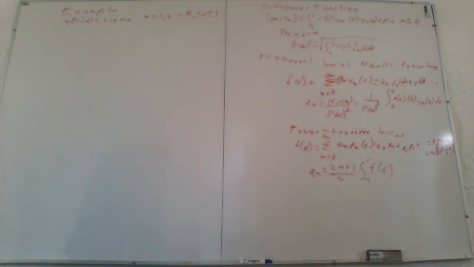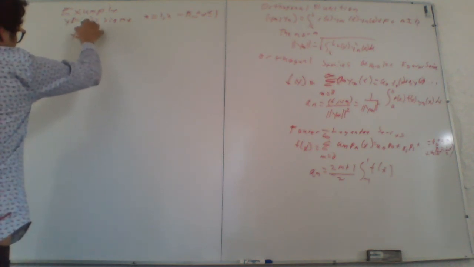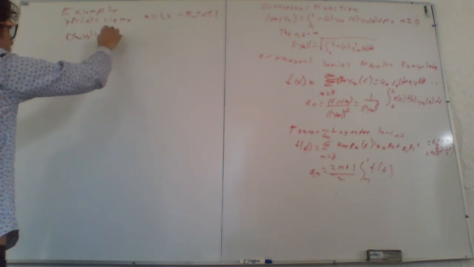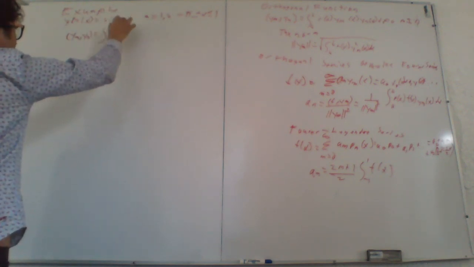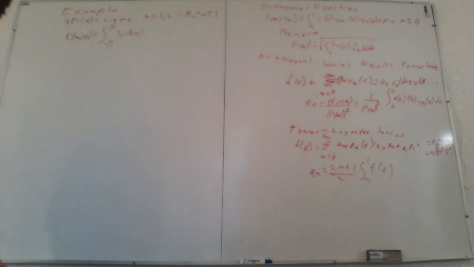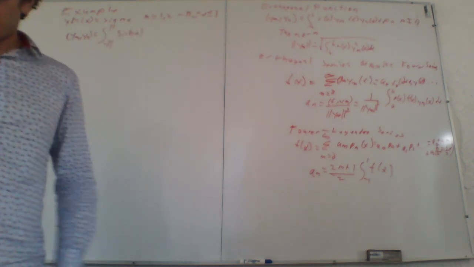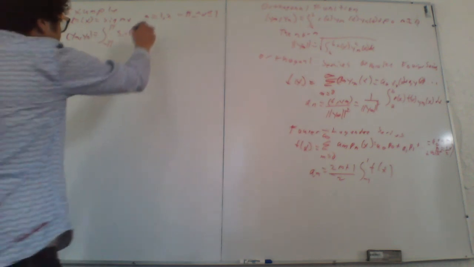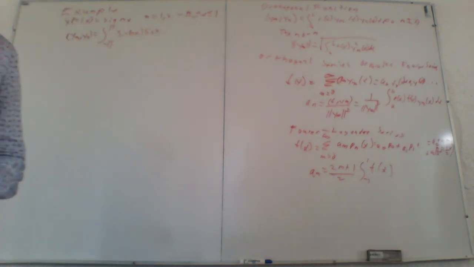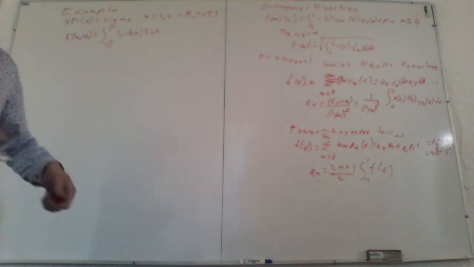So for this, the inner product of y_m and y_n is the integral between minus pi and pi of sine of mx times sine of nx, dx.